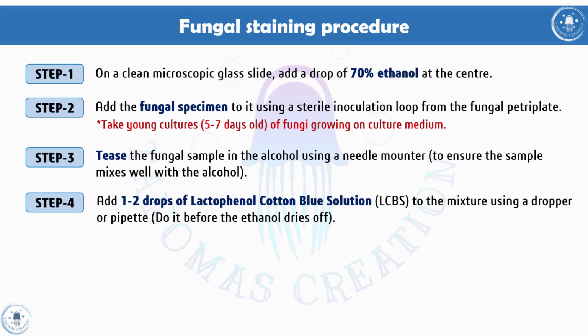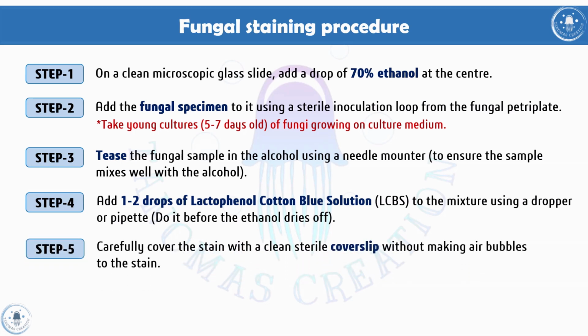You need to do it before the ethanol dries off from the slide. Ethanol is a volatile solution and will dry up quickly. So after teasing it completely with the ethanol, add 1 to 2 drops of the stain before it dries up.